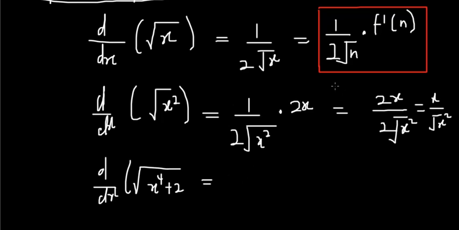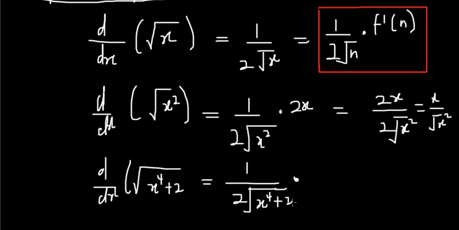The same principle: 1 over 2 root of n multiplied by f prime of n. So we have 1 over 2 the root of n, which is x exponent 4 plus 2, and then you multiply that by the derivative of n. n is x exponent 4 plus 2, just like here where n was x exponent 2.